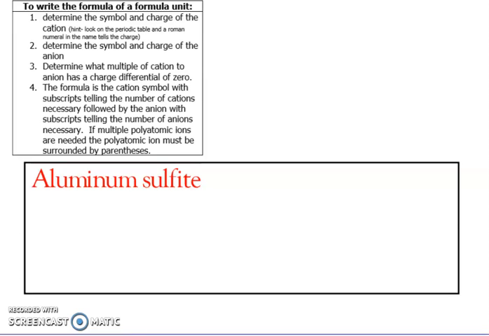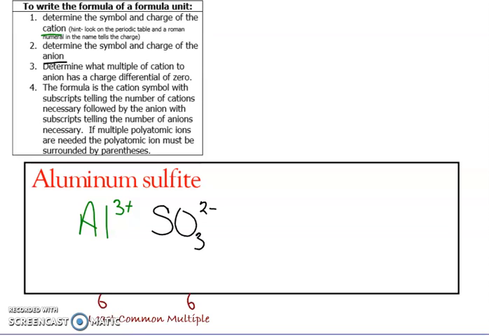Aluminum sulfite. Stop it, find the charge and symbol of the cation and anion, and then continue through. There's the cation. There is the anion. Now you need to find the common multiple, the least common multiple. Least common multiple is 6. Those are the ratios.